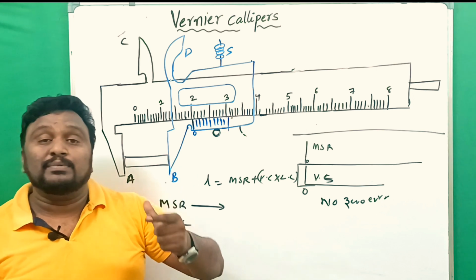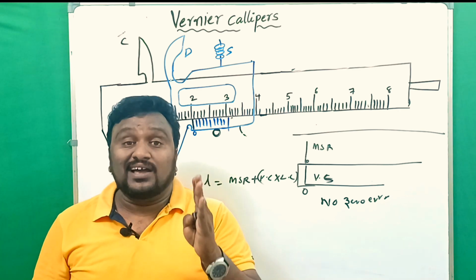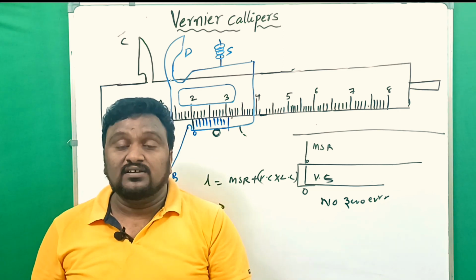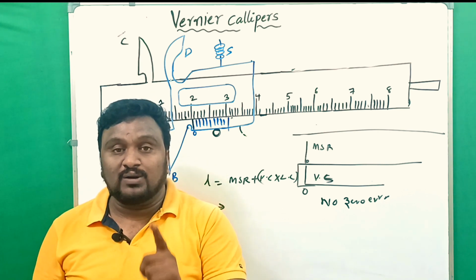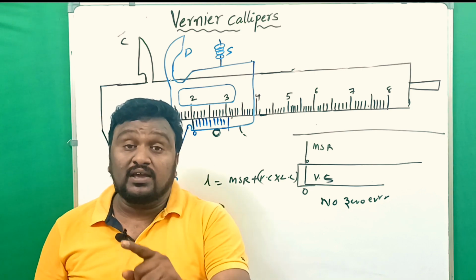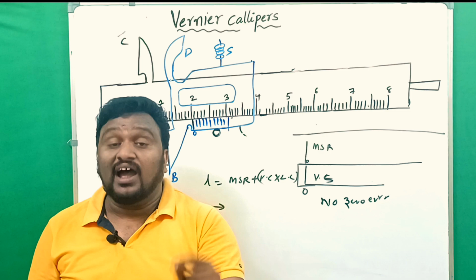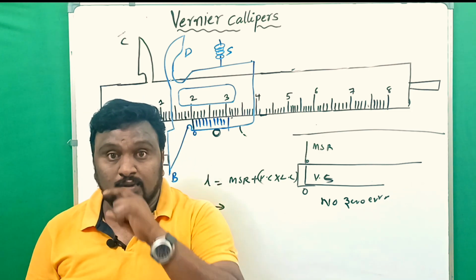When the object is kept between the external jaws, we have to take the MSR in such a way that the zero division of the vernier scale coincides with a division on the main scale, and that should be taken as the main scale reading.